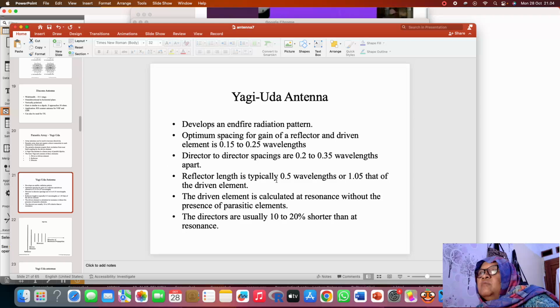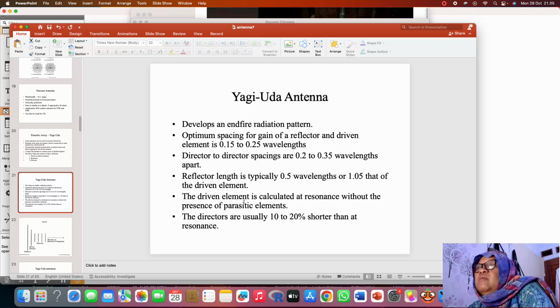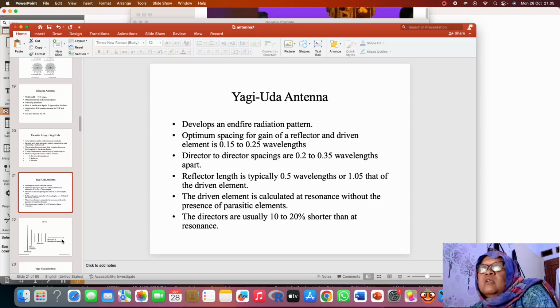Reflector length is typically 1.05 that of the driven element. The driven element is calculated at resonance without the presence of parasitic elements. The directors are usually 10 to 20% shorter than at resonance.